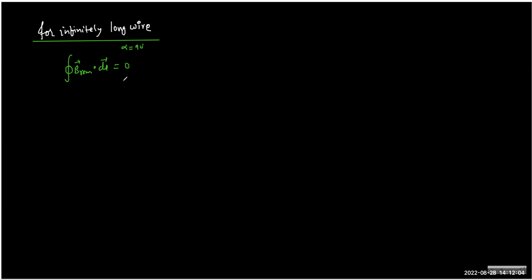Let me give you the formal proof of Ampere's circuital law. The law says that B dot dl is mu naught into I enclosed. So we'll take that infinite wire itself. And from the Biot-Savart law, we know the answer for B, right? For an infinite wire also. Okay.